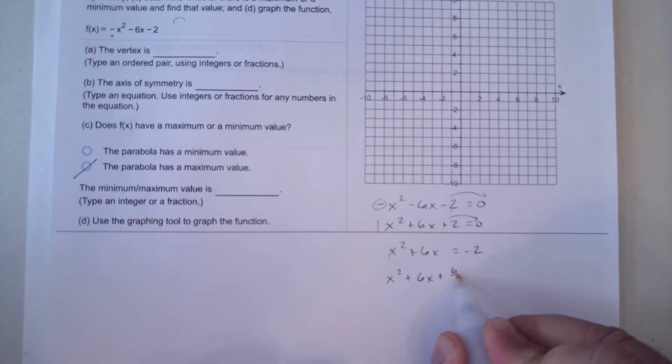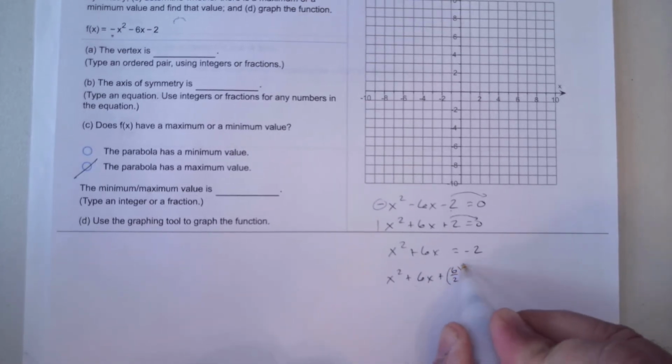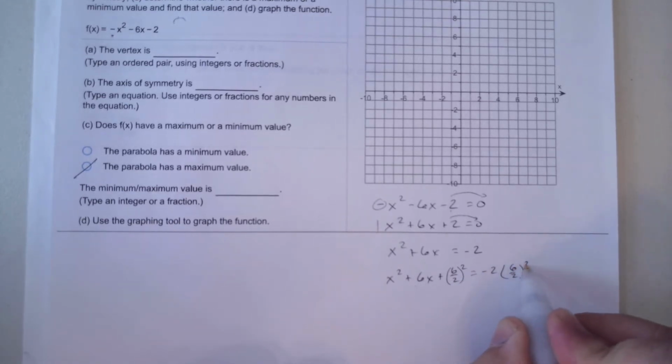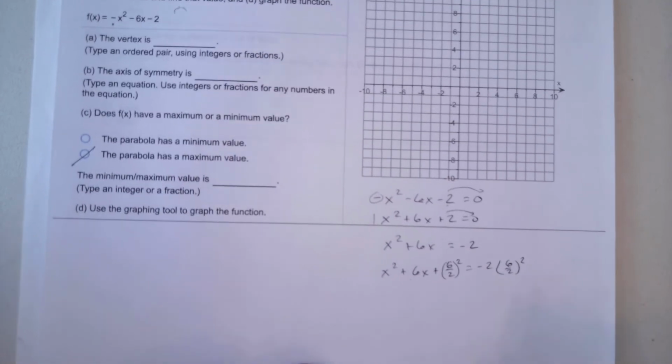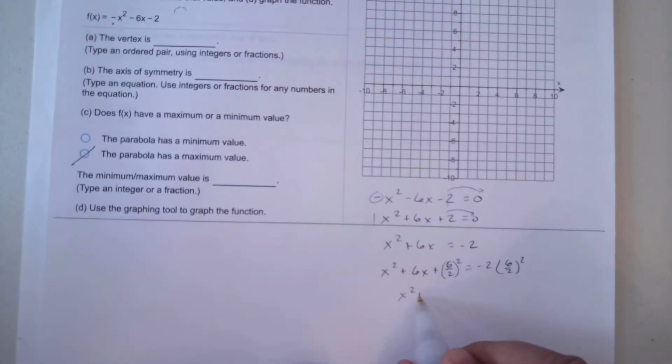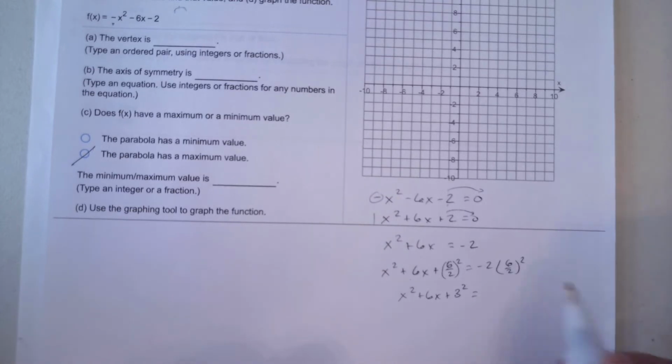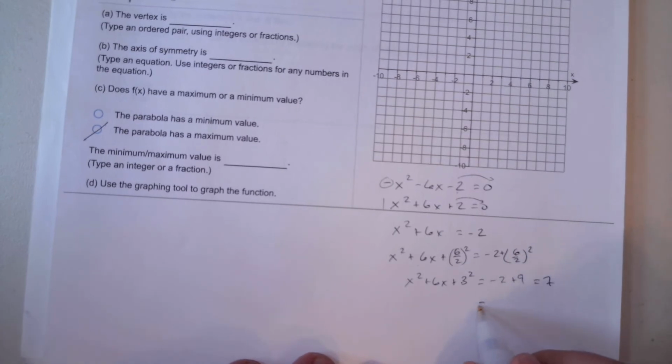Add b over 2, which is 6 divided by 2, squared, to both sides. x squared plus 6x. Only do the left side inside, so it's 6 divided by 2 is 3 squared. So it's negative 2 plus 6 divided by 2 is 3. 3 squared is 9. So the right hand side is equal to 7.